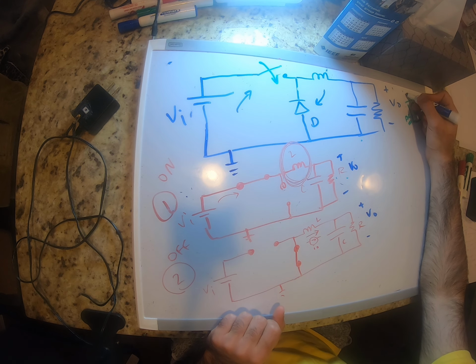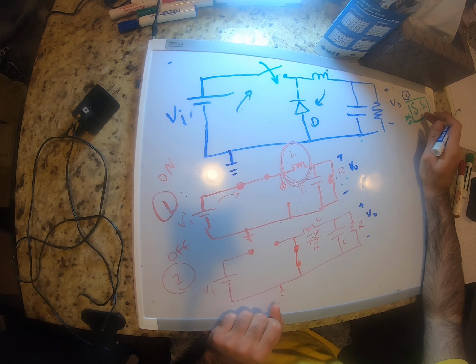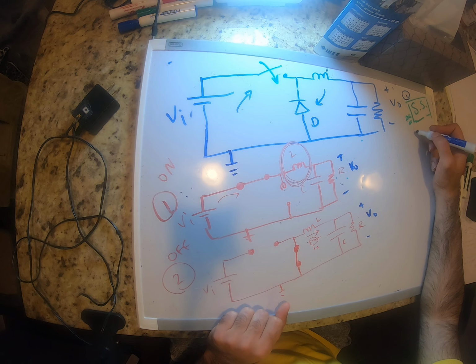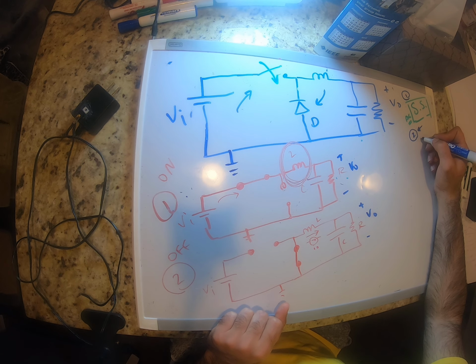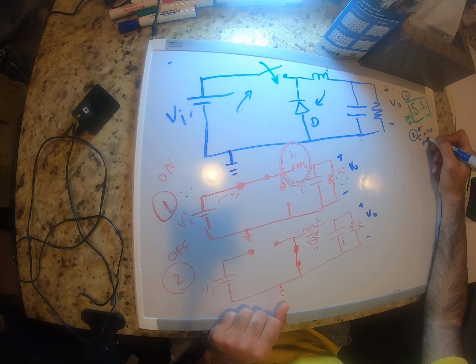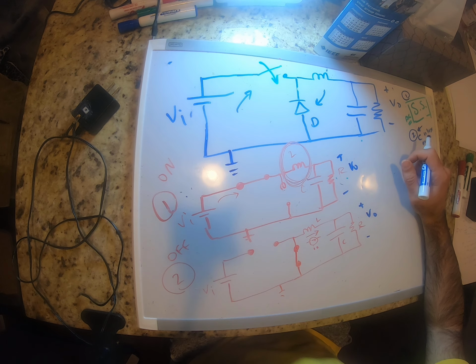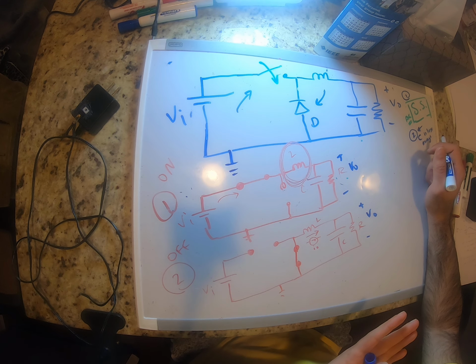So the first assumption that we have is that we analyze the circuit in the steady state mode. The second assumption, which is kind of implicit, is that we assume that our capacitor is large enough to maintain the voltage here, and the output voltage doesn't change that much.